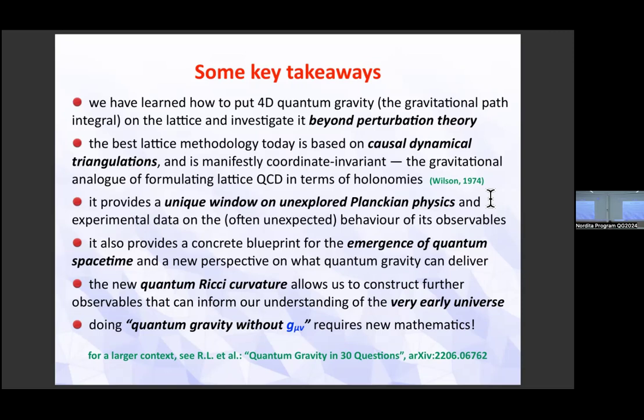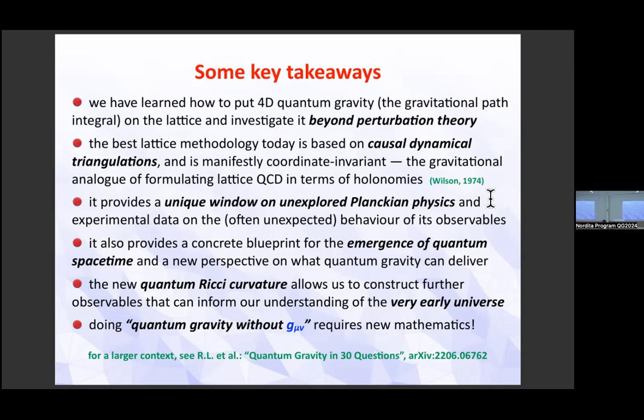So having done that, we obtain a unique window on very short scale Planckian physics that we haven't been able to explore. And we explore it in 4 dimensions numerically and study the behavior of observables that characterize this realm of physics. So what we'll see among the important results this has produced is an emergence of space-time.